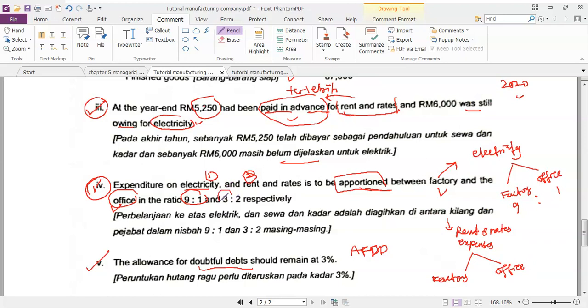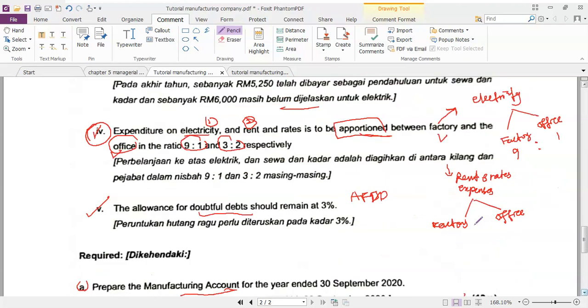What is the ratio? 3:2. Okay, electricity using 9:1. Okay, apa maksud apportion is diagihkan.